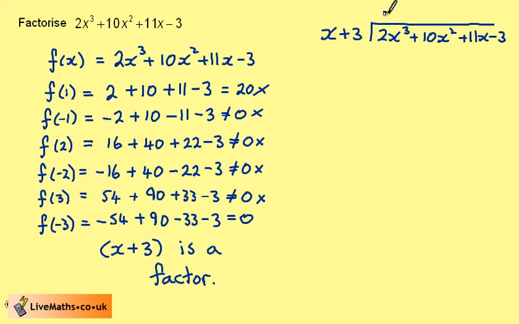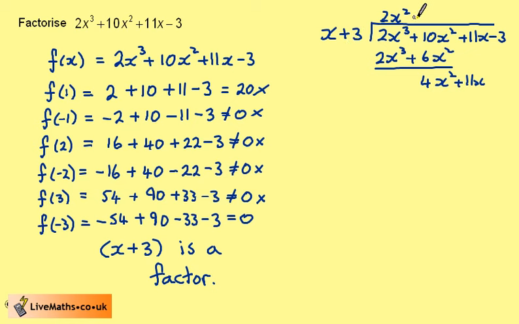X into 2x cubed, 2x squared. Multiplying gives 2x cubed and 6x squared. Subtract and bring down the 11x.